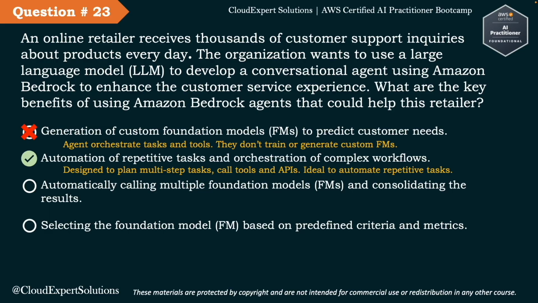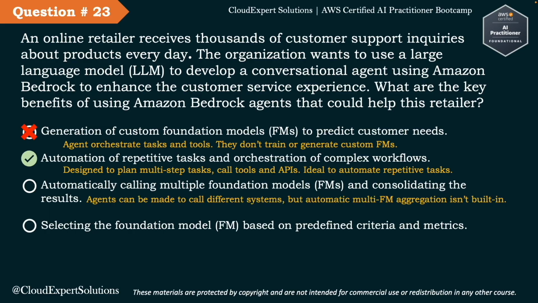Option number 3, automatically calling multiple foundation models and consolidating the result. Amazon Bedrock agents can invoke models as part of a workflow, but they don't natively ensemble or aggregate the findings, and that is why this is not the correct option. Moving to option number 4, selecting the foundation model based on predefined criteria and metrics.